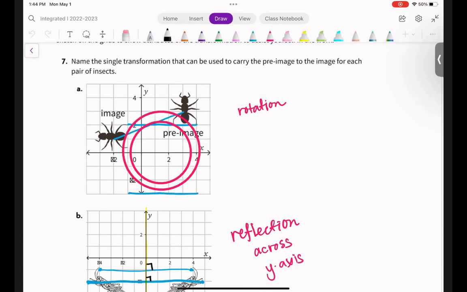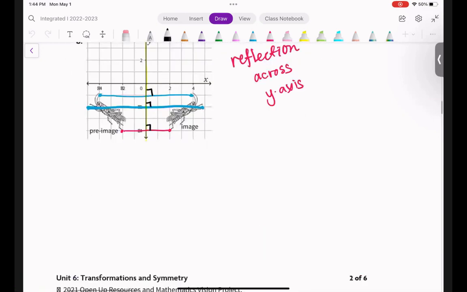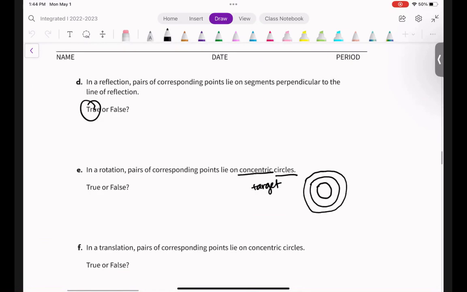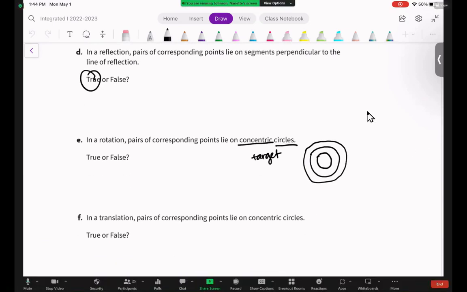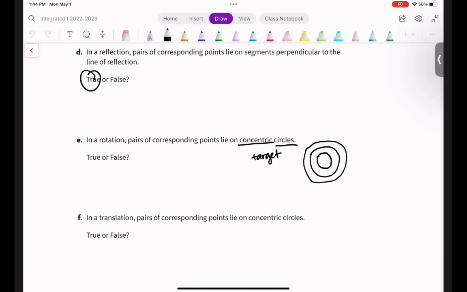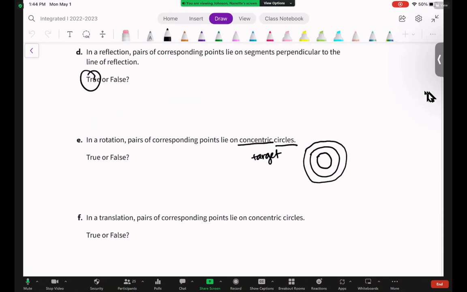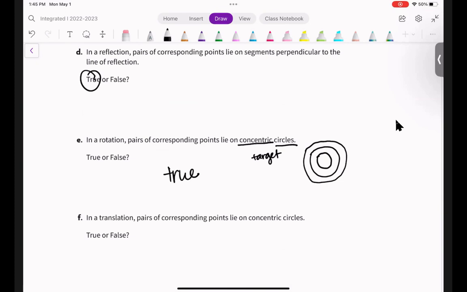You guys see what I'm trying to do here? So are they concentric circles? What did you guys say about this one? True or false? Yeah, this one is also true. That's what I was trying to depict here with my little circles.